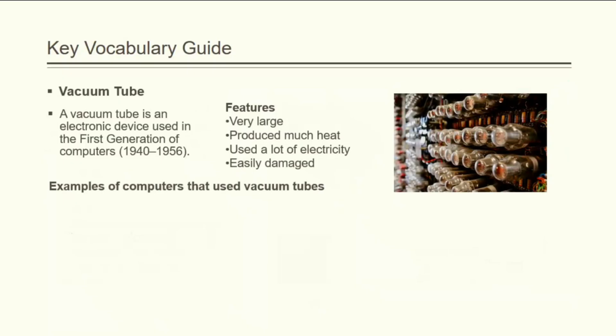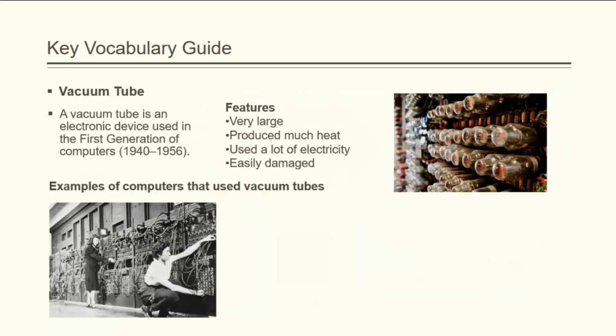Let's see some of the examples of computers that use vacuum tubes. We have the ENIAC. It's a short form of Electronic Numerical Integrator and Computer.